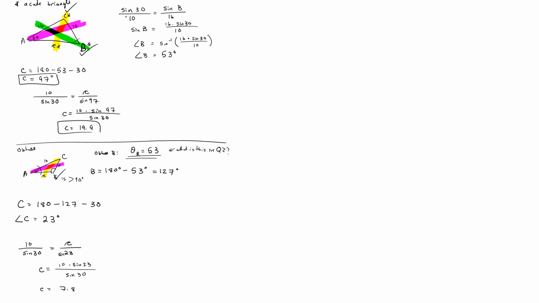So what is going to be really helpful is if we separate it into two triangles here, if we just write down angle A, angle B, angle C, and little a, little b, little c, this will help us organize our work. So we know that in both cases, angle A is 30 degrees, and in both cases we know that little a is 10.